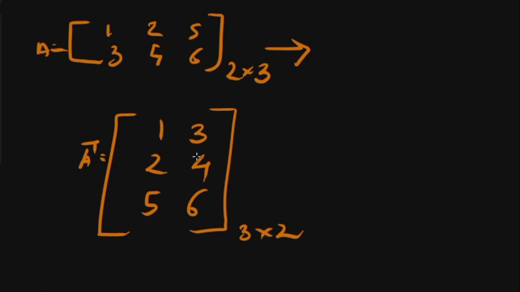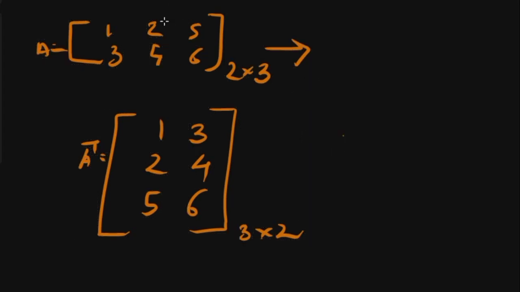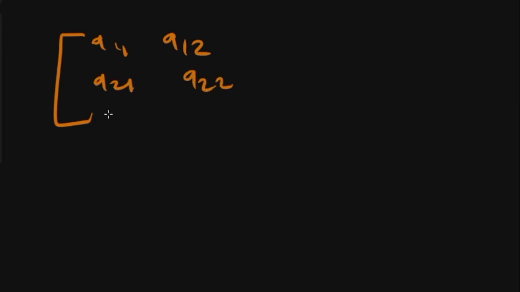but how will we do that? A simple thing which I can notice is I can look through each row at first and make it a column, but how would I do that? That's the question. So let's take the notation form. So here let me just take a11, a12, a21, a22, a31, a32.